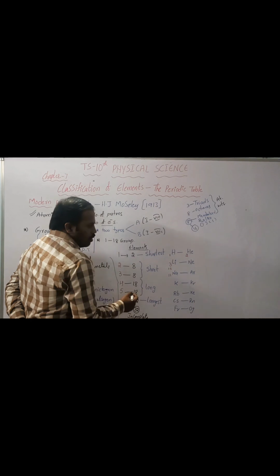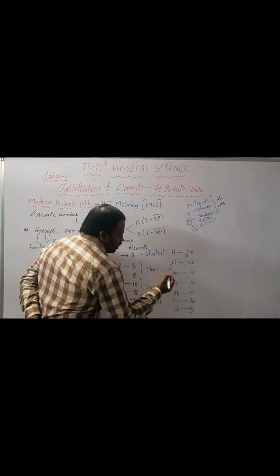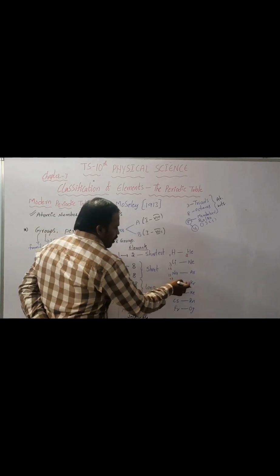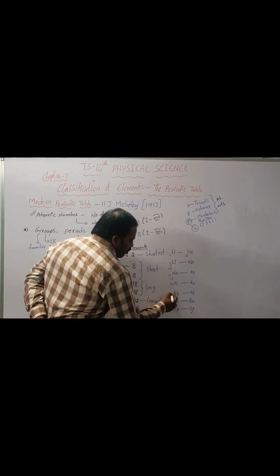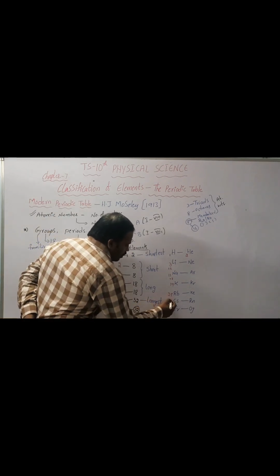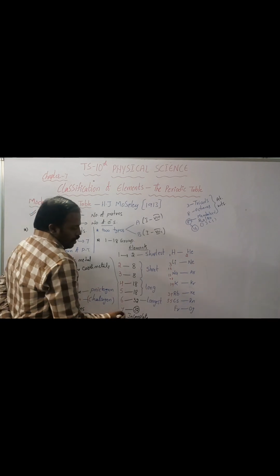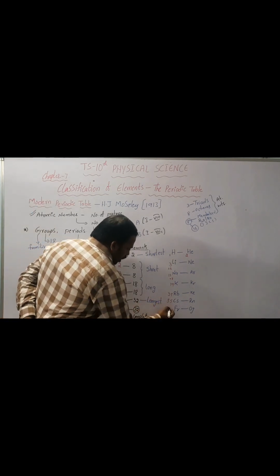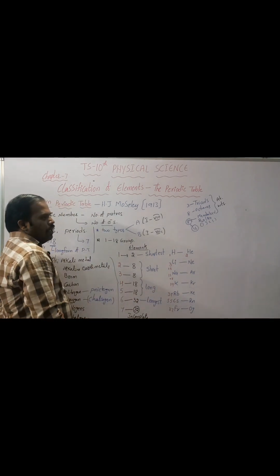After sodium, 8 elements are present, so add 8 and you get 19. Then 18 elements, so adding 18 gives 37. Then add 18 to get 55. Then after 32, 87. These are the atomic numbers of our starting elements.